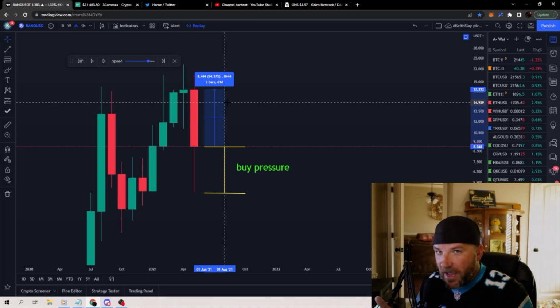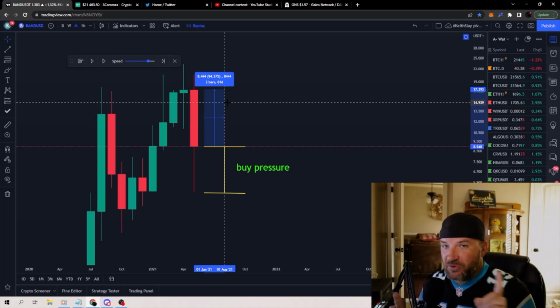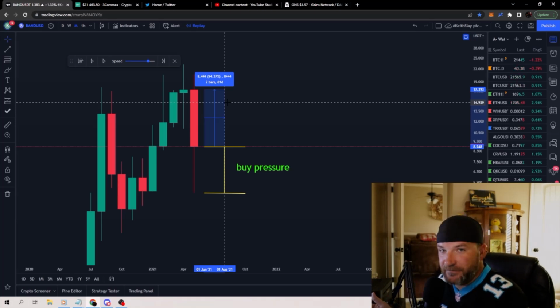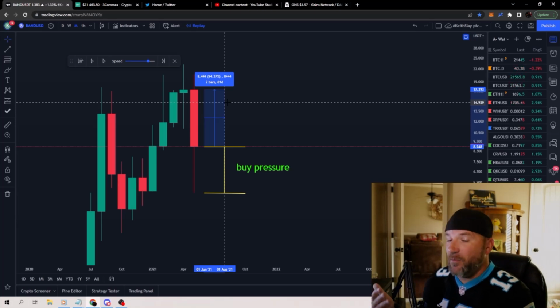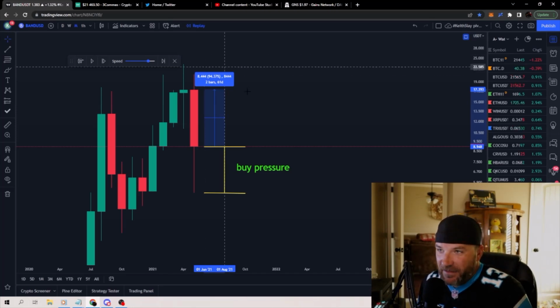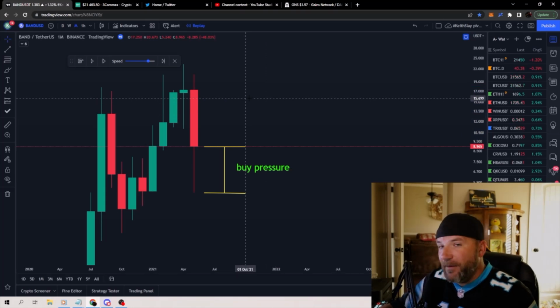The more you have in comparison to the candle body, be that buy pressure or sell pressure, the more of an indication you get as to what's about to happen. Now, we have some buy pressure here, but we don't have a ton. So this lets us know that while we do have some buy pressure, it may not be enough to pull this thing out of the perpetual cycle of bad that it may fall into. That's buy pressure and sell pressure.